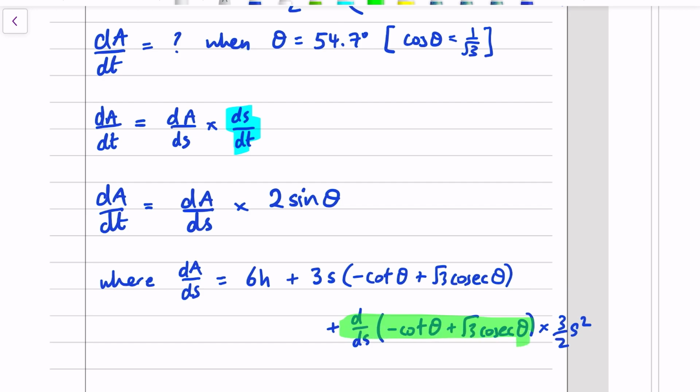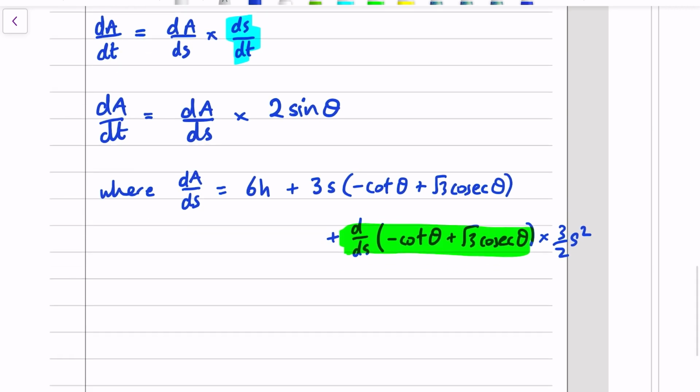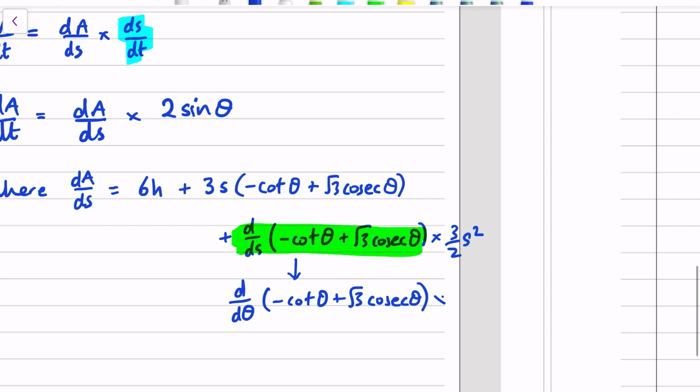Implicit differentiation says if you want to differentiate something with respect to another variable, you need to know that theta and s do relate, so theta will depend on s. It's just we don't see how it depends on s. To find this, we're going to differentiate it with respect to theta instead, and then we're going to multiply it by d theta/ds.